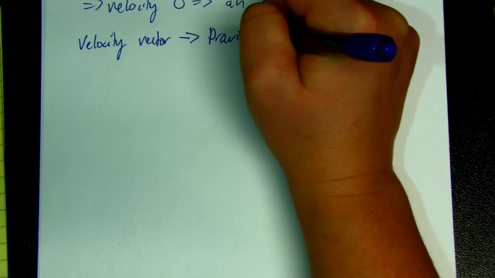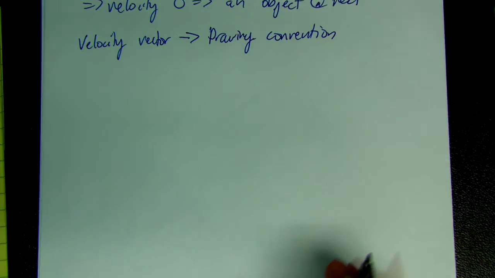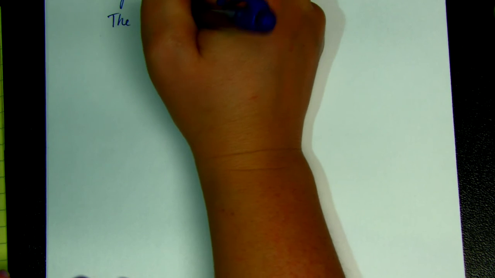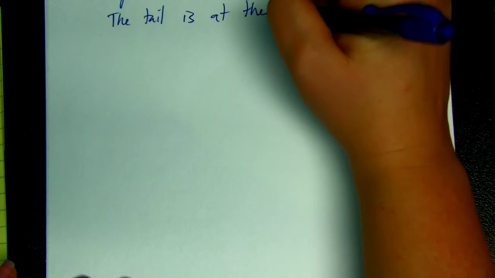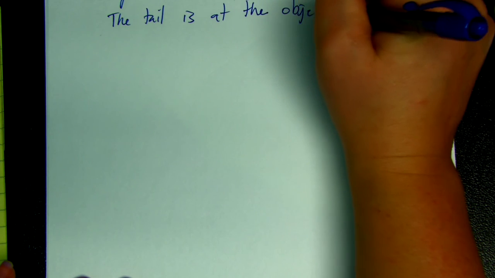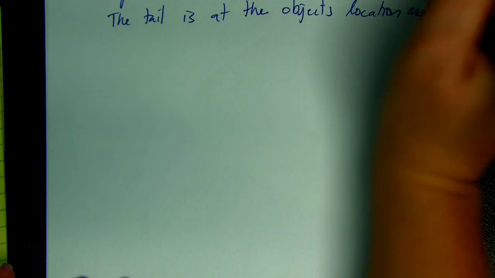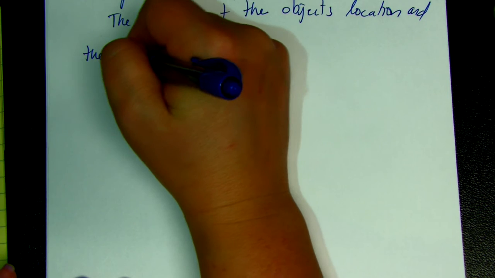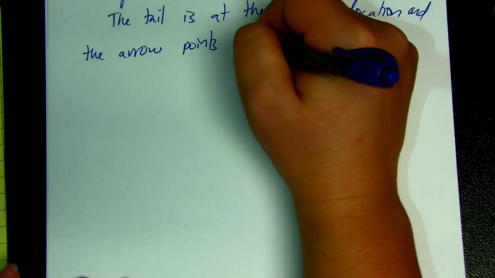So let's look at the drawing conventions for velocity. So the tail is at the object's location, and the arrow points in the direction of motion.